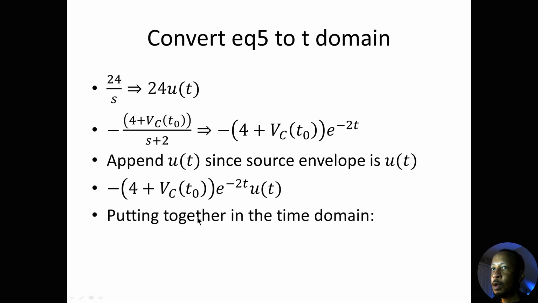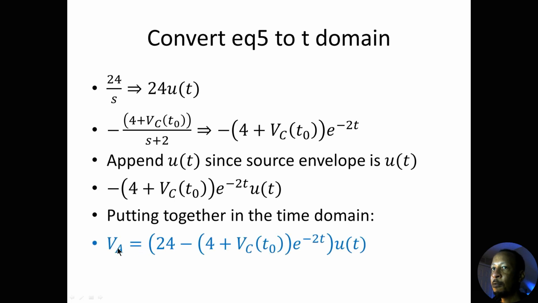So now I'm going to put all of that together in the time domain, and the final expression for VA is VA equals 24 minus, in parentheses, 4 plus Vc of t sub 0 multiplied by e to the negative 2t, and then all of that multiplied by U of t.